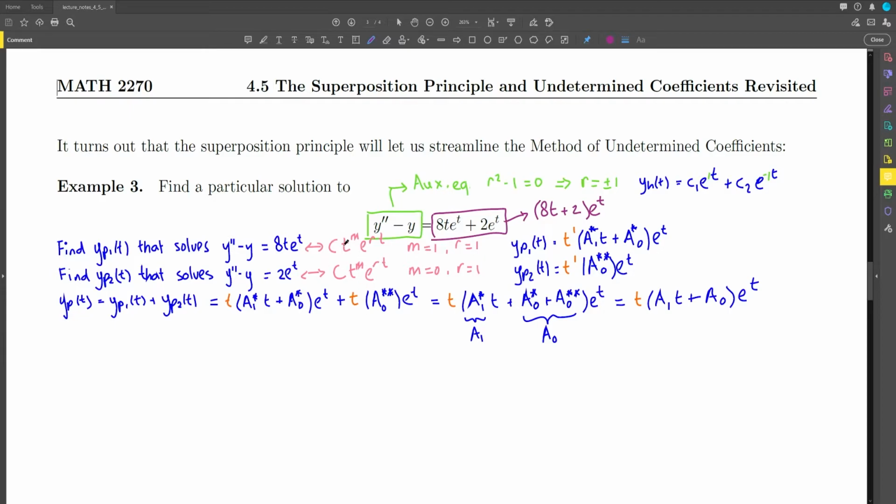So instead of typically comparing the right-hand side with c times a power of t, we can now change that.